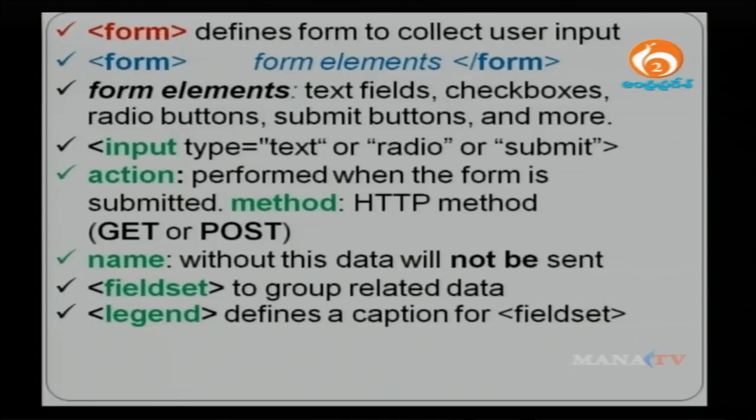Suppose I want to show a text box in a form, then I can use the input tag. The input element is the best thing you can use, with the type text, as well as radio, as well as submit kinds of buttons. You can use the input tag for this, and you can see the action.